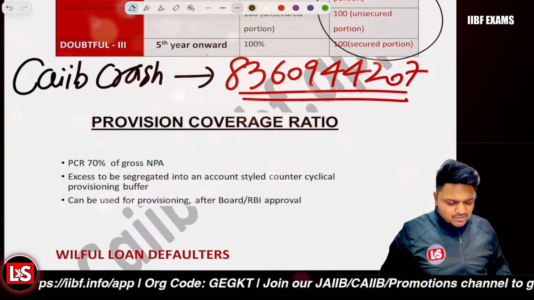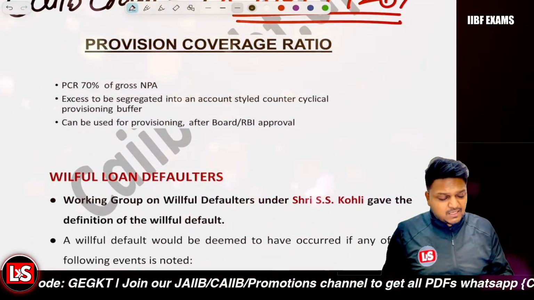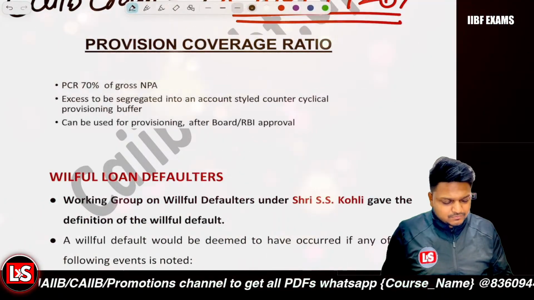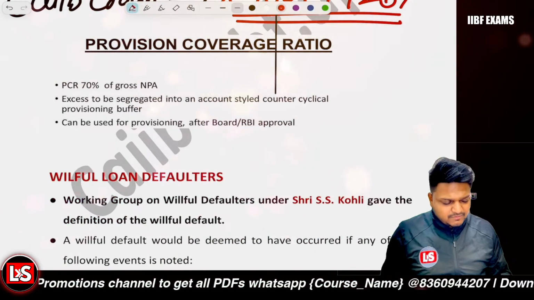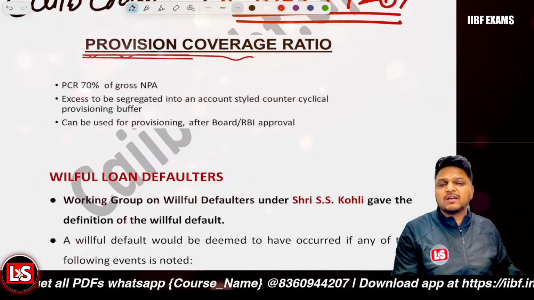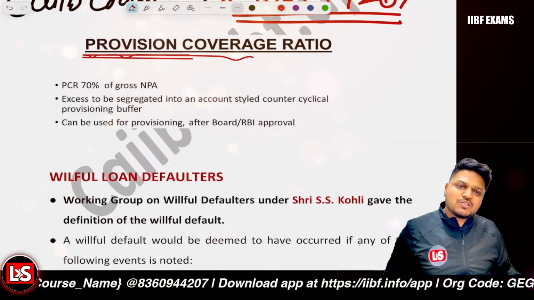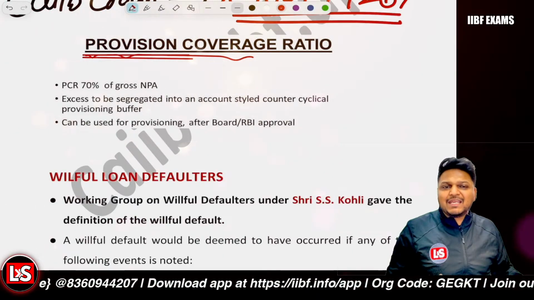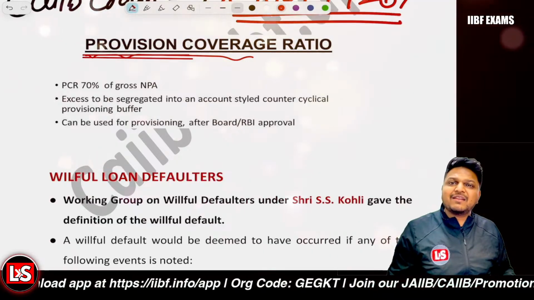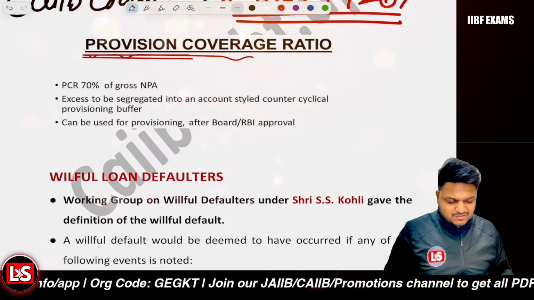So let's start the session. The next topic that we are going to cover today is the PCR, the provisioning coverage ratio. All these topics are very important. The provision coverage ratio indicates to what extent the bank has made provisions against the gross non-performing assets.